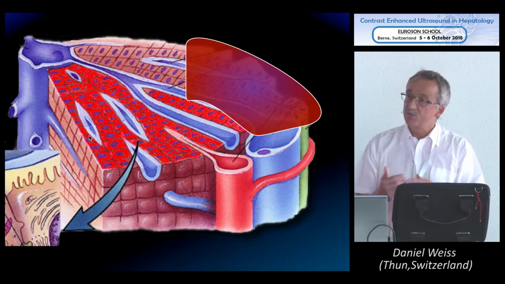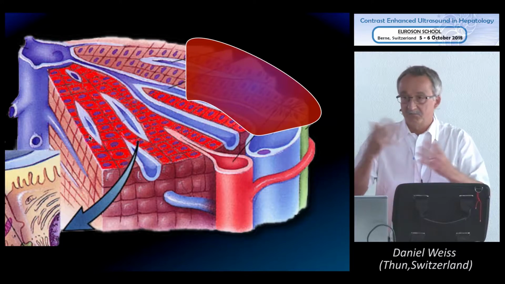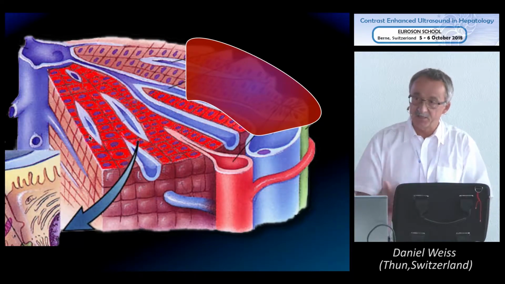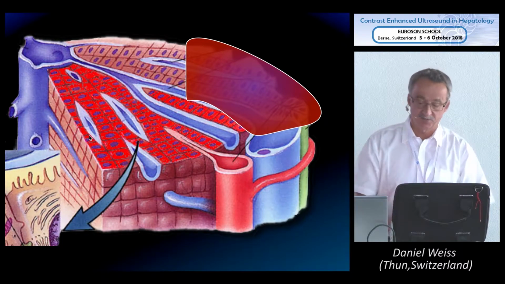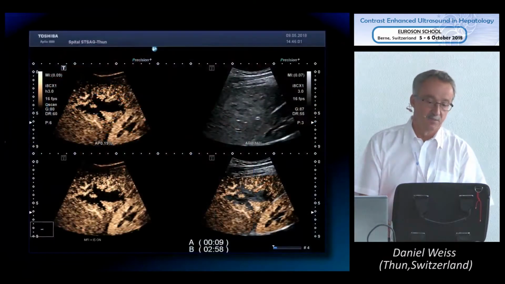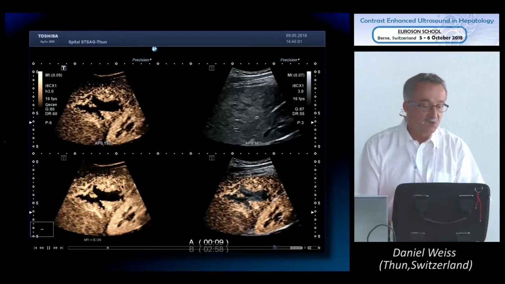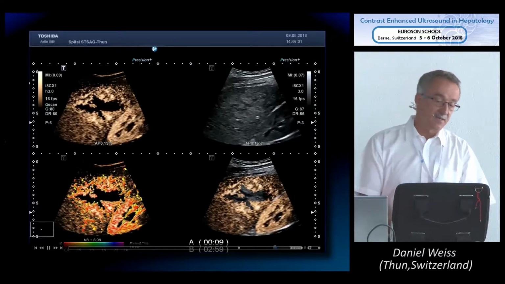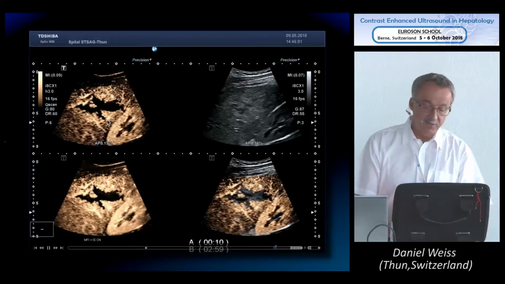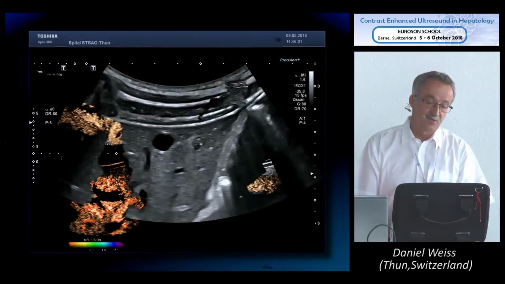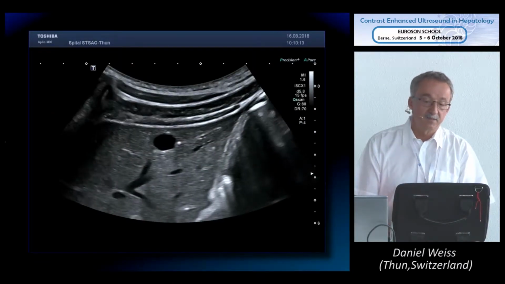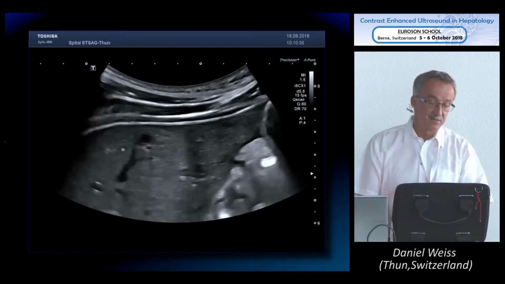It has nothing to do with a liver damage, tumor, infection, something. It's just a compression of the portal venous system. This again is a laceration, and you see very clearly around this hematoma, you have an enhancement of the liver tissue.